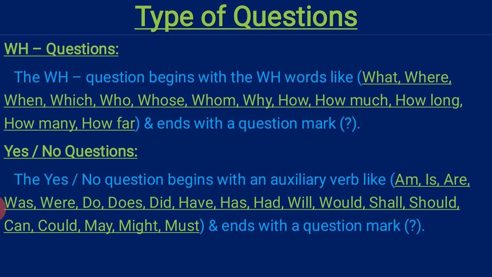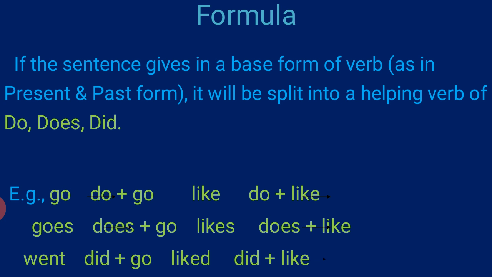Yes or no questions begin with an auxiliary verb like am, is, was, were, be verbs, the main form of the verb, a perfect verb, and modals and semi-modals. I have given you the formula. If the sentence is in the base form of a verb, in present or past tense, it will be split into the helping verb do, does, did.